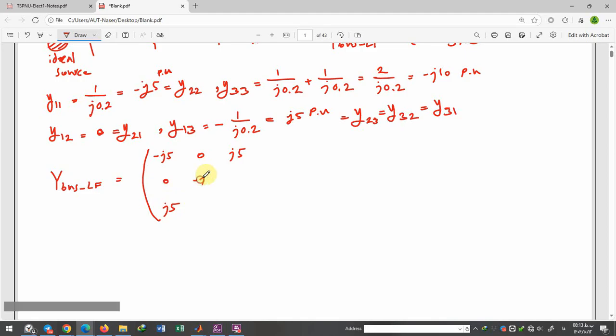Y22 is minus j5, Y23 is j5, so j5 is here, Y33 is minus j10. All of them are in per unit. So we calculate the Y bus used in load flow.